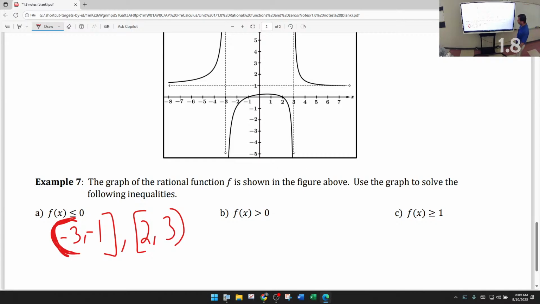I want it when it's greater than 0. Greater than 0 from negative infinity to -3. Both are parentheses because this is a greater than. I really don't have to worry about that part. Ooh, there's another little trick. There's -1 to 2, parentheses.